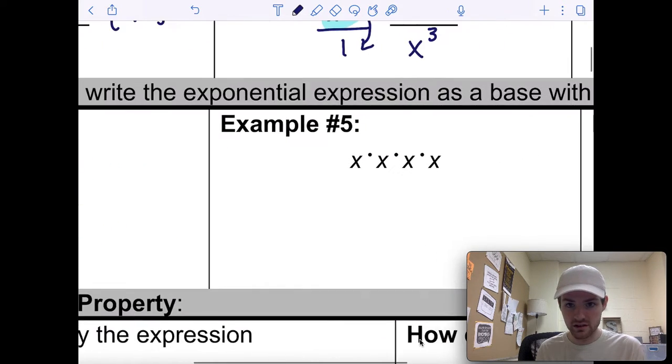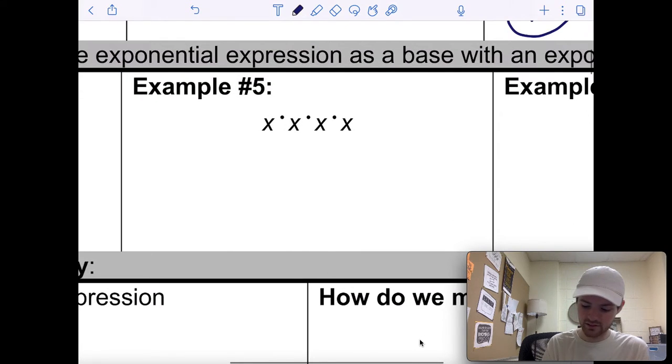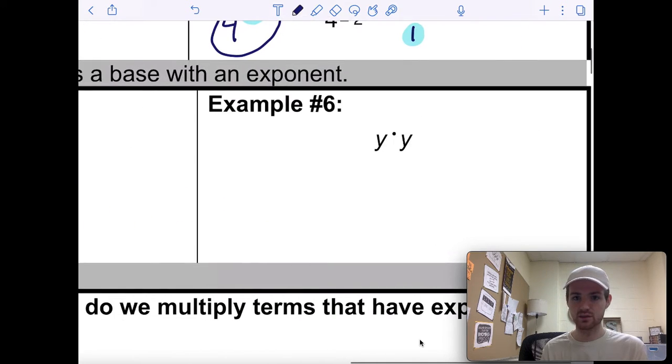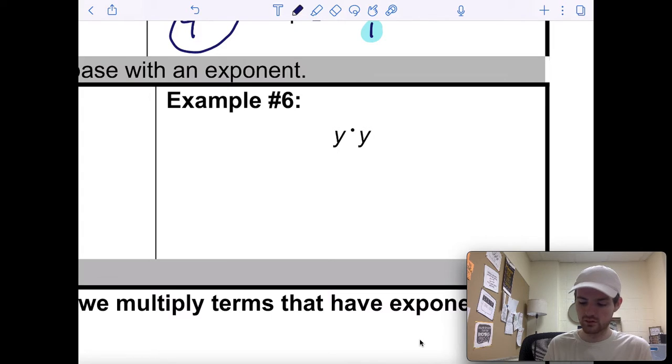Here, our base is x. How many x's are we multiplying together? Well, there's 4 of them. For example 6, what's our base? y. How many y's are there? Well, there's 2.